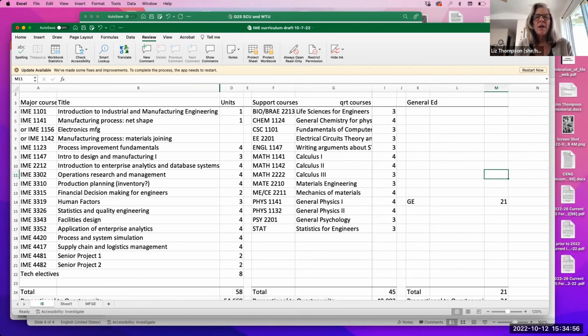So any comments? I'm going to stop sharing. I guess I'm just wondering about process. Can I inject one thing here, Liz? Yeah. I think the topic around sustainability is something we have to do and offer something. And I think that's a great IAB topic in December: how do we fit that in? Where do we fit that in?